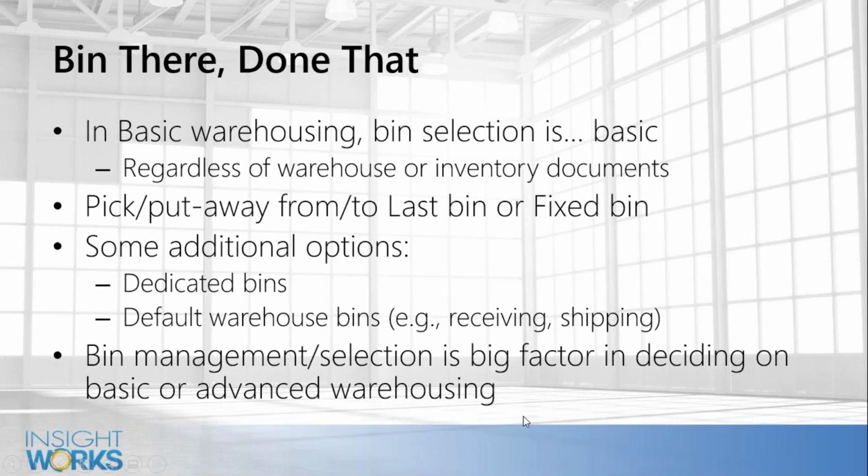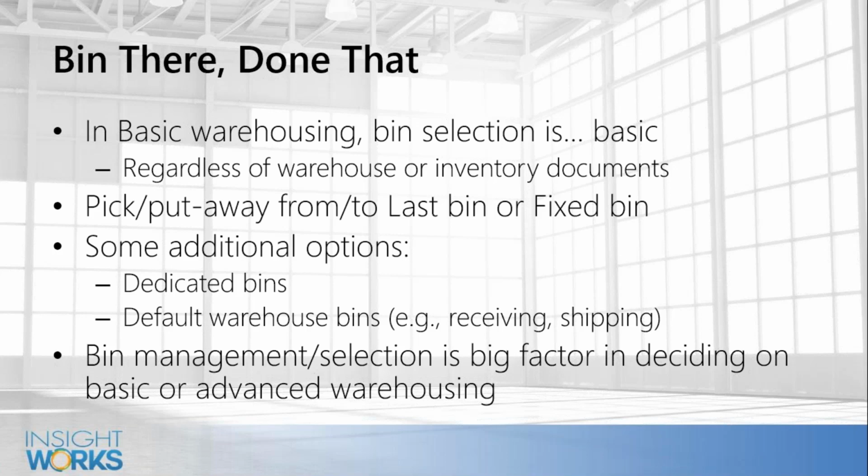So when you look at what you need from bins, the same thing applies on the putaways. I talked about picking there, but if I receive product and I have rules about where that product needs to go, right? If I receive a pallet, I'm not going to go and put that in my pick area. I want to put that in my bulk storage area. And then I don't want anybody picking off that pallet, right? If we don't have product in the picking area, I want to move it out of my bulk storage area into my picking area, right?